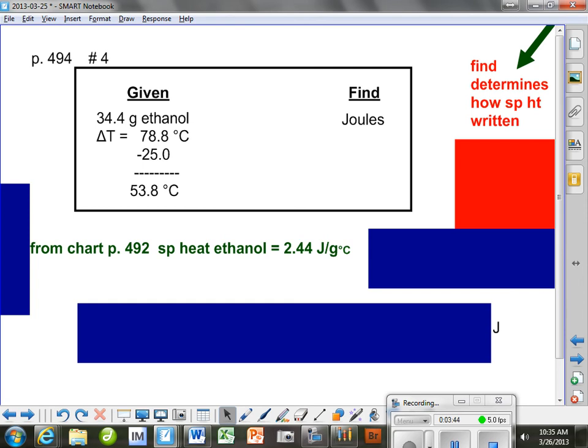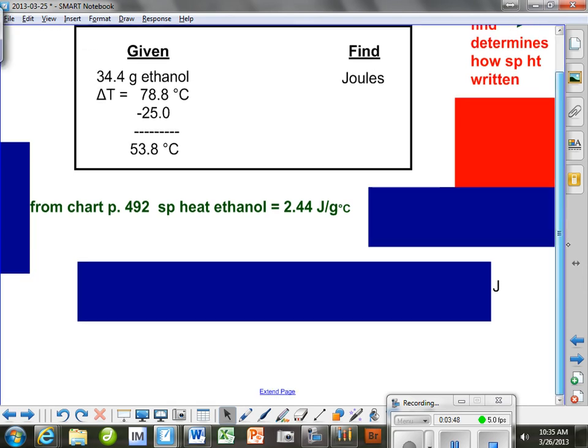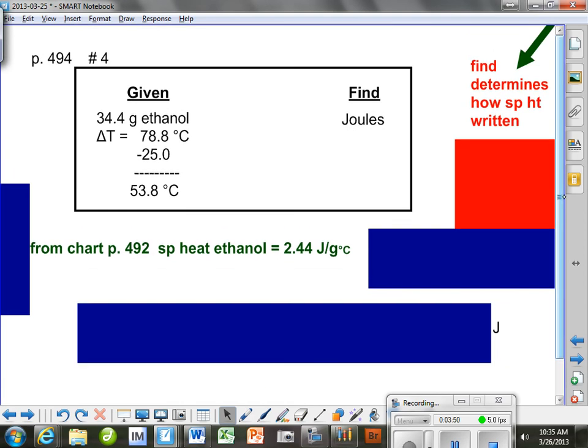To determine how specific heat is written, we need to know what the find is. And so the find was joules, and because it's joules, that means joules will be on top in writing this number right here as our first fraction.